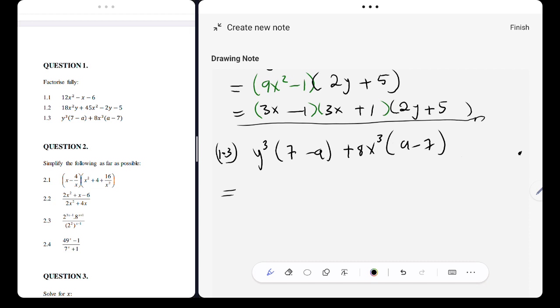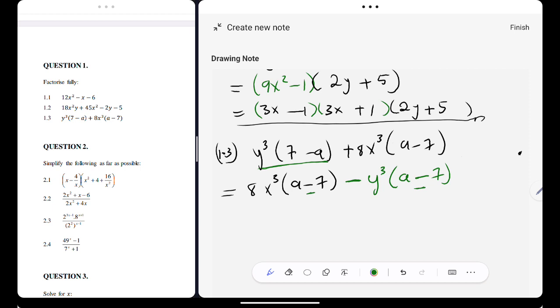Okay, let me write it as 8x cubed and then a minus 7. When I take out a negative sign inside the brackets, my a will be positive and the 7 will be negative. I'm doing that because I want this to be the same as this so that I can factorize easily. Are you together?